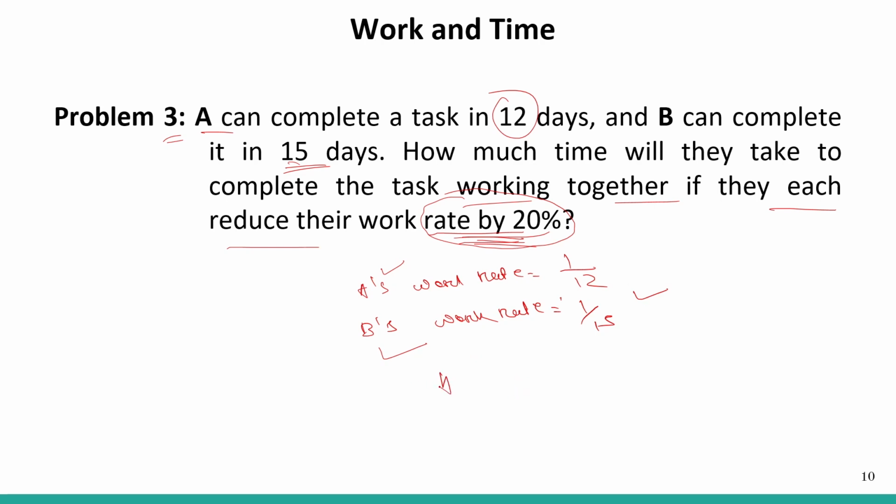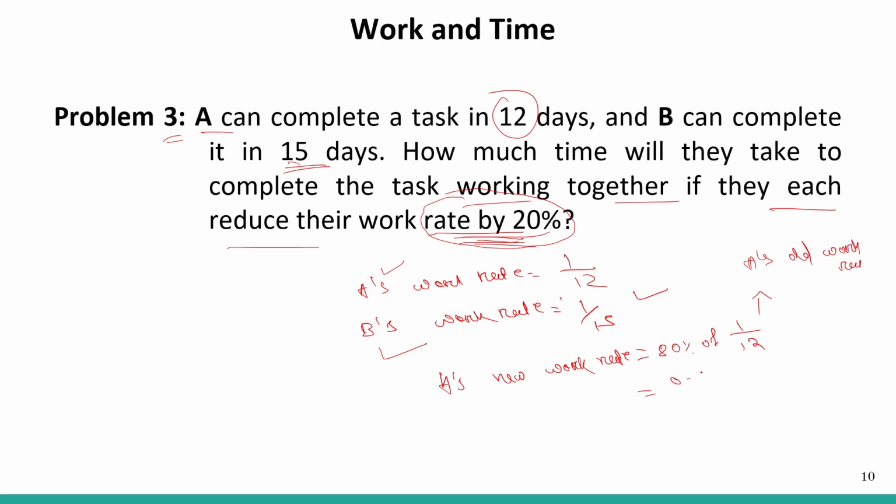A's new work rate is equal to 80% of 1 by 12. That is actually A's old work rate, right?